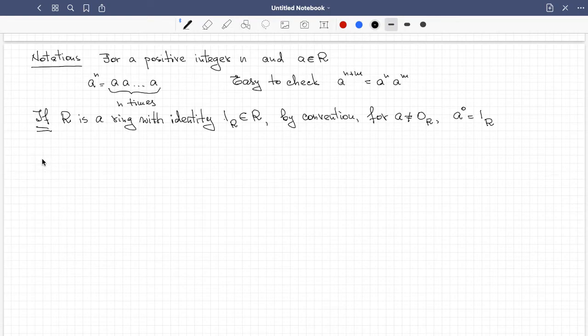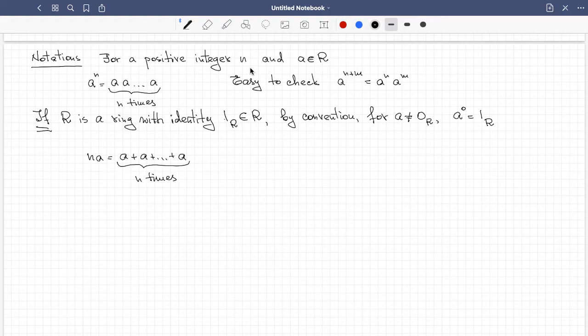So, in the same way, we can write that nA is A plus A plus A, n times, where n is a positive integer.